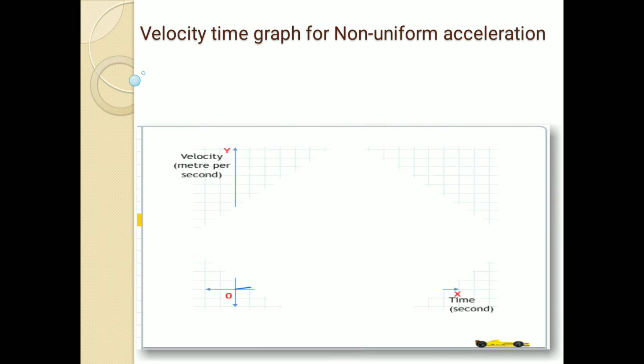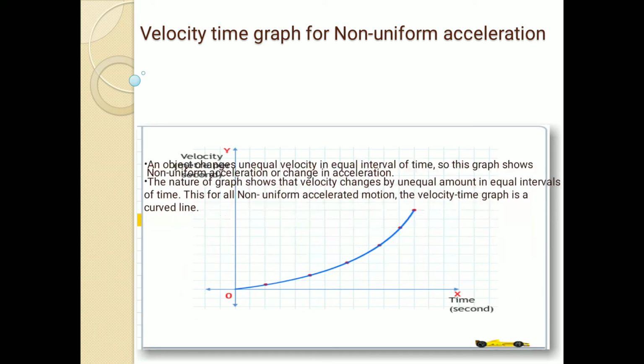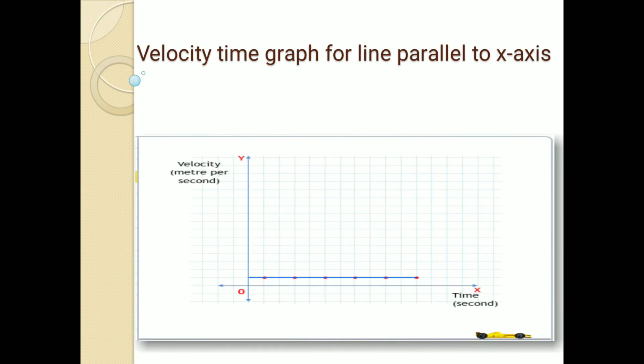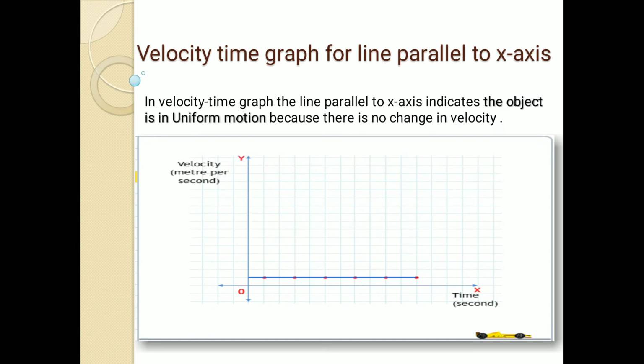Next is the velocity time graph for non-uniform motion. Obviously the same thing, the velocity time graph for non-uniform motion is a curve. Only thing is you have to interchange distance with velocity, so velocity in meters per second and time in seconds. Next, in a velocity time graph, if the line is parallel to the x-axis, it indicates the object is moving in uniform motion.